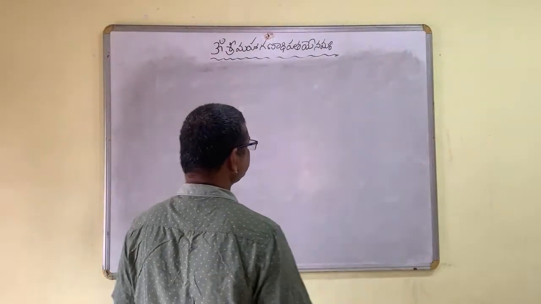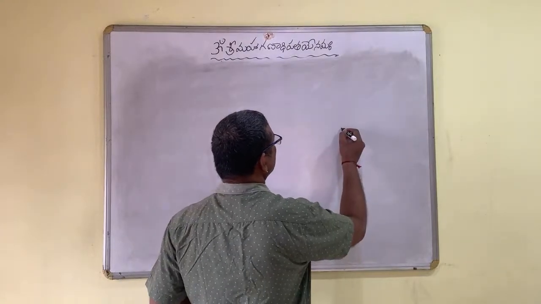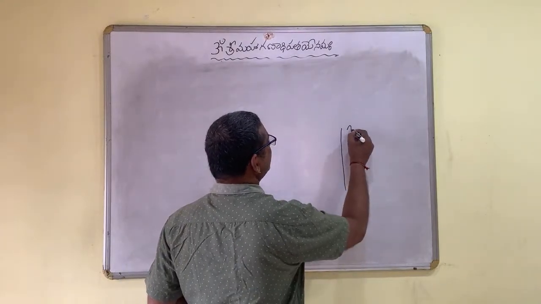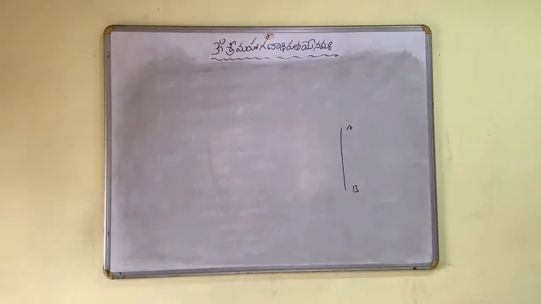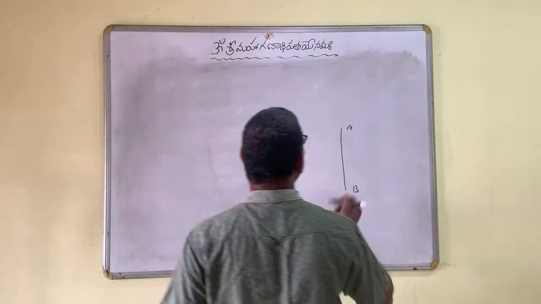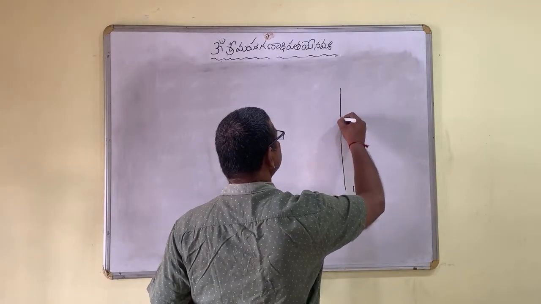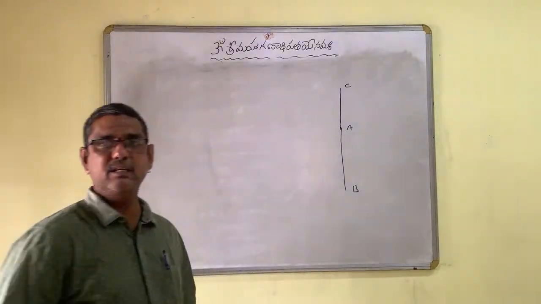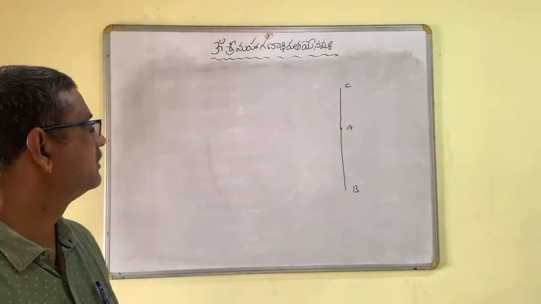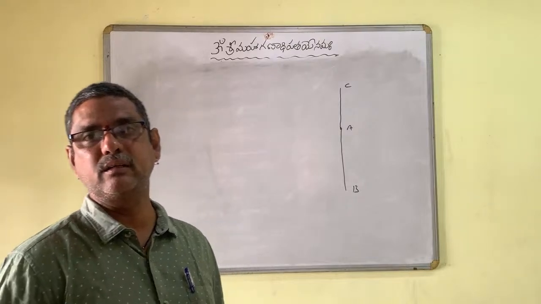What is the question? There is a vertical tower and a flagpole on it. AB is the vertical tower and CA is the flagpole on it.